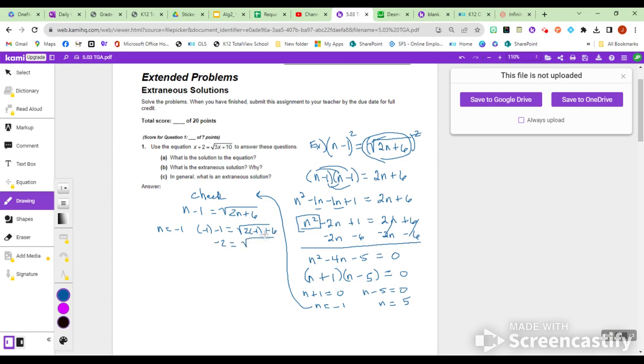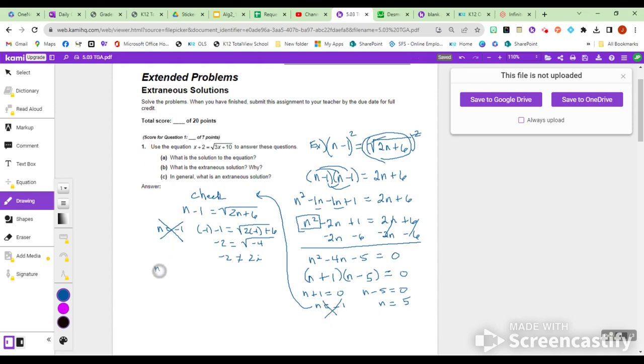I'm going to get negative 2 plus 6 here, which is negative 4. The square root of negative 4 is the imaginary number 2i. So a negative 2 is not going to be equal to a 2i. That means I have to throw out n equals negative 1. That would be an example of an extraneous solution. So let me try the 5.